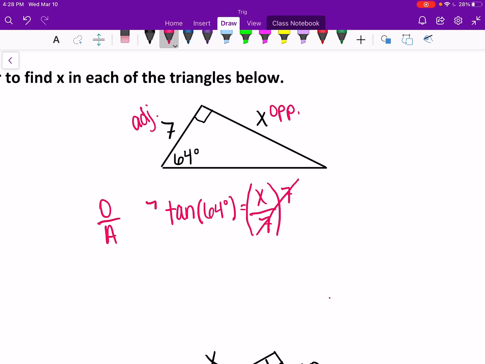Then I multiply the other side by 7. So x equals 7 times the tangent of 64 degrees. So you'll type that into your calculator. 7 times the tangent of 64 degrees should give you approximately 14.352. And again, if you didn't get that, you might be typing it in wrong, or you might not have your calculator set in degrees.